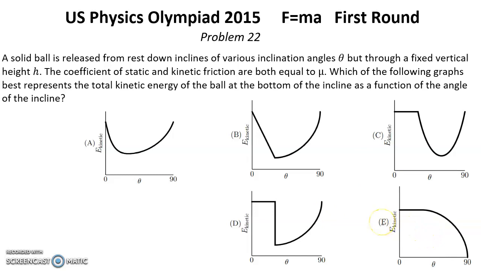And finally, we can tell that this graph must be a continuous function, because initially when we just reach the critical angle, tangent theta equal mu, we are losing just a slight amount of energy, and if we increase this angle, this loss of energy will increase, and after we reach the minimum, the loss of energy starts to decrease and finally goes to zero.